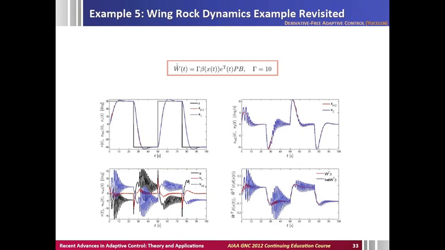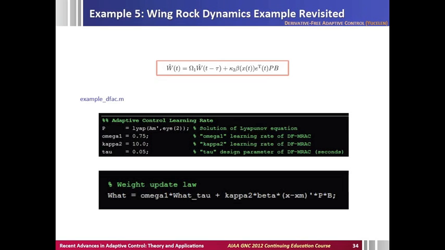So I also wanted to revisit the wing rock dynamics, since this is my universal example for this workshop. You remember, this is the morning's first presentation, the last slide, so we have this performance. I also included code for the derivative-free controller so that you can tune omega 1, kappa 2, and tau.